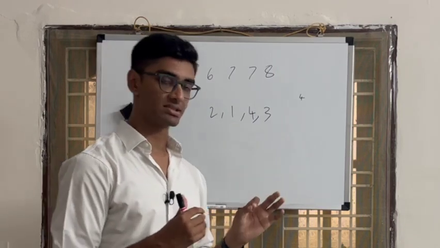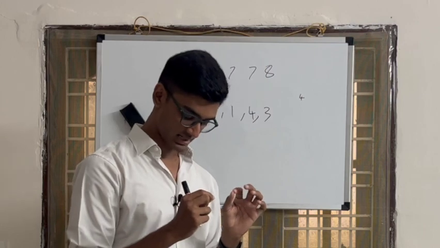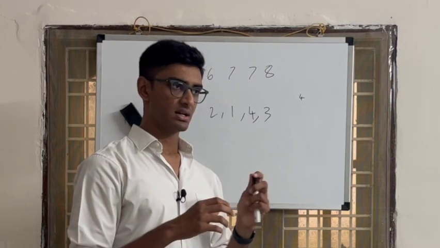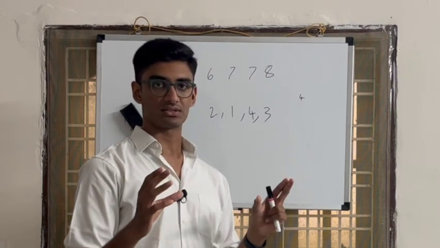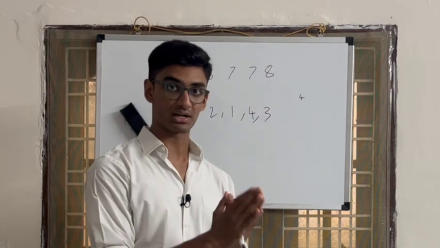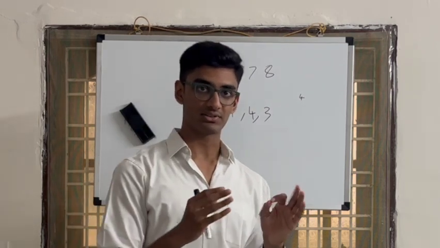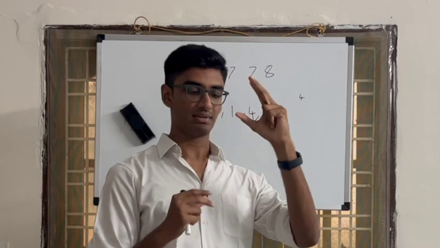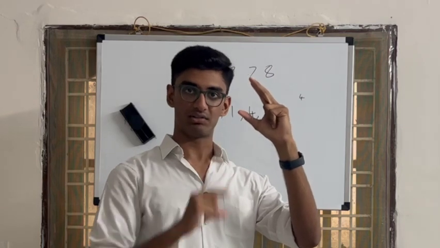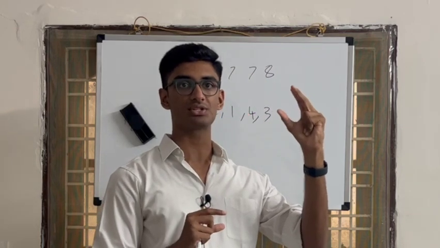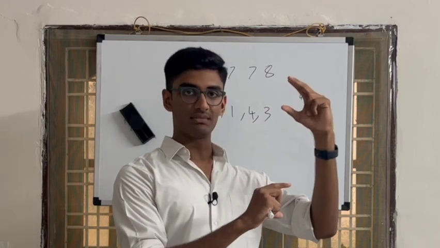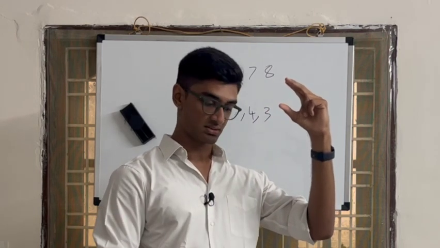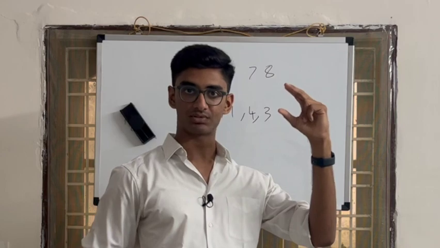Even when I was writing the exam, just think about one thing very clearly: how do you get different differences? Take an element, take another element, you'll get a difference. How can you make sure that the difference of these 2 elements does not give the same number as this one?